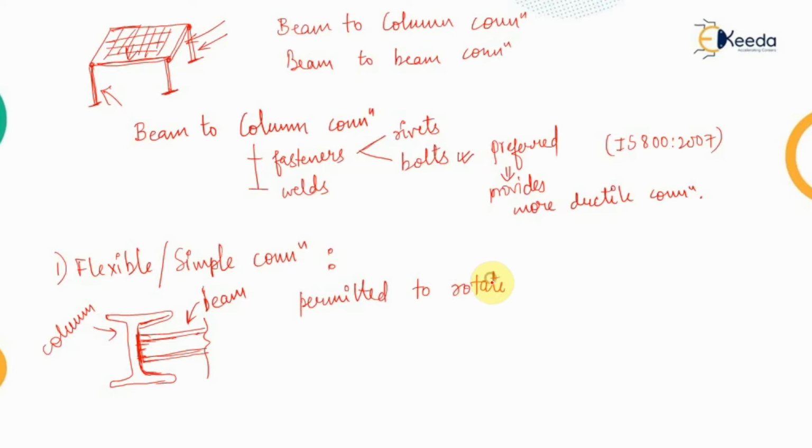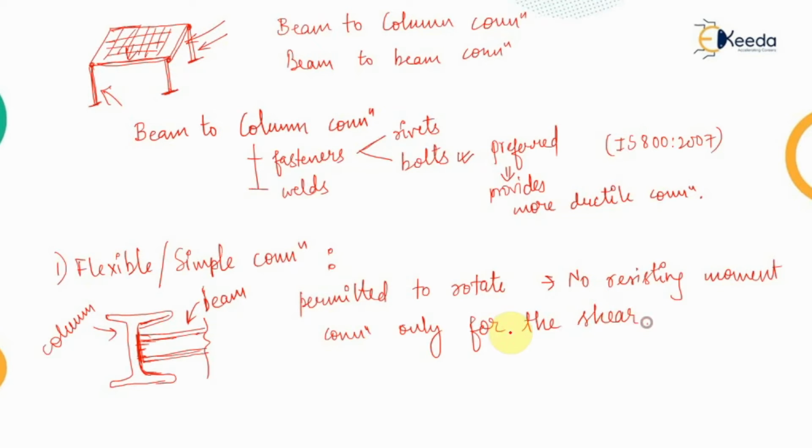That means there will be no moment resistance, or there will be no resisting moment. That means the connection has to be designed only for the shear. That means the vertical load which is coming onto the connection, that is to be taken care of only, and for that load only the connection has to be designed. So in the case of flexible or the simple connection type, the connection is to be designed only for the shear force which is coming onto the connection part.